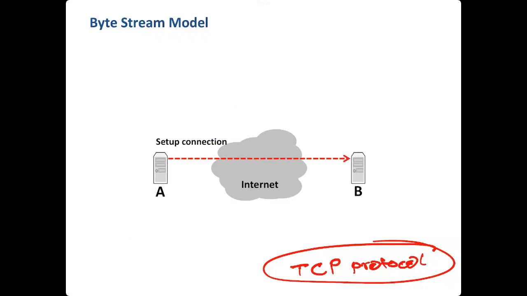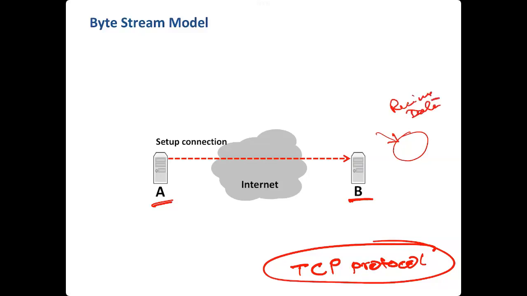Here, both source and destination, say A and B, must have some understanding, and that we call a logical connection. For example, when A says that I am setting up a connection with you, B will reserve some buffer for receiving packets, receiving data.